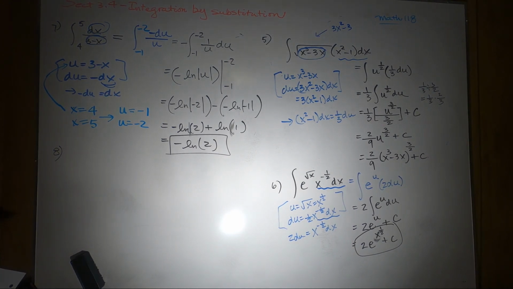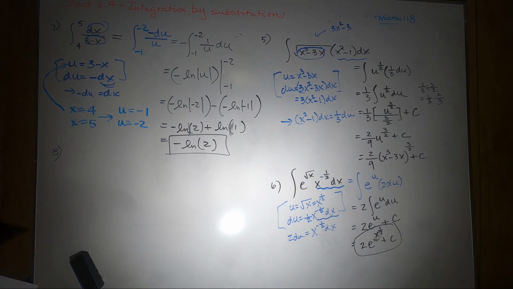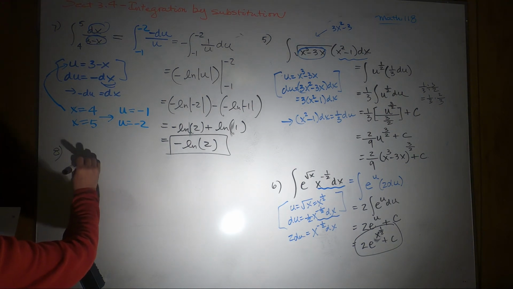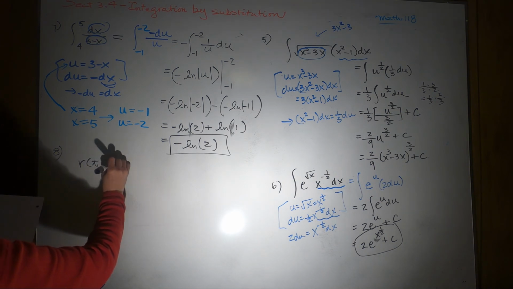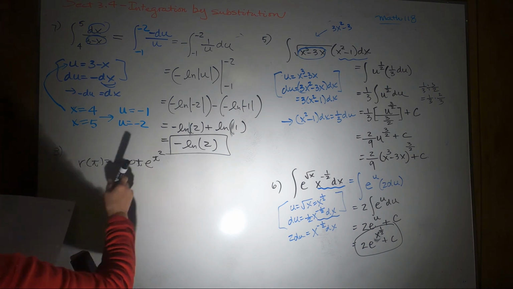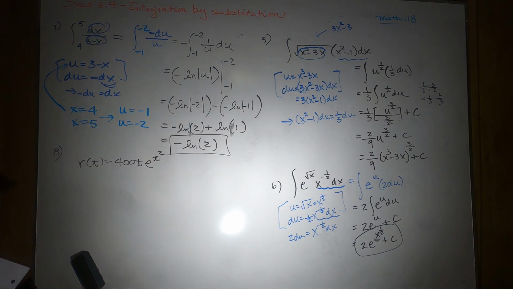Finding total population from a rate. Okay. Oh, not the population, pollution. Okay. So, pollution is being discharged into a lake at the rate of, as such, rate equals 400 t e to the t squared, where t must be the time, right?